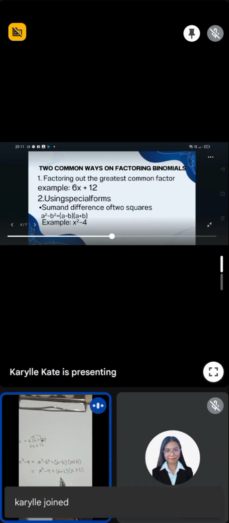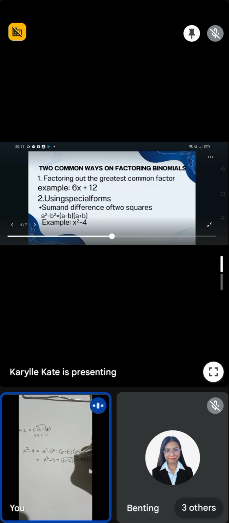Because we have these two terms, we need to apply the FOIL method. The first is x squared, then the outer, which is plus 2x, and then the inner, which is negative 2x, then the last, which is negative 4.